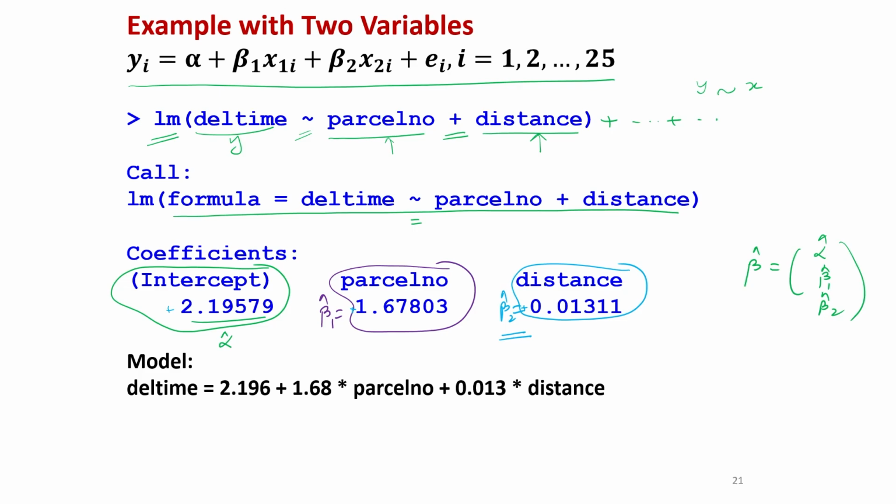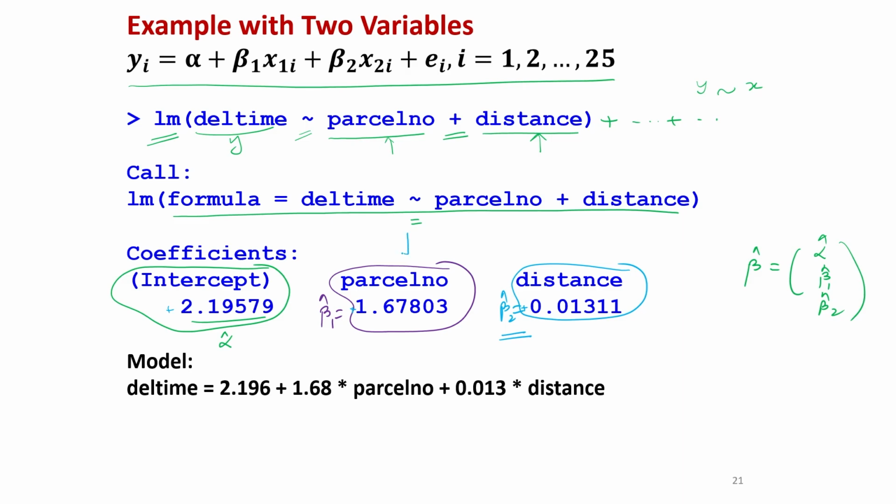So, beta 2 hat is 0.01311, which means when there is a unit change in the distance, the delivery time increases by 0.01311 minute, and it is increasing. If this sign would have been negative, then I would say that the delivery time decreases.